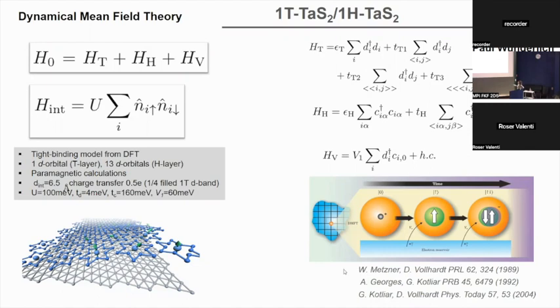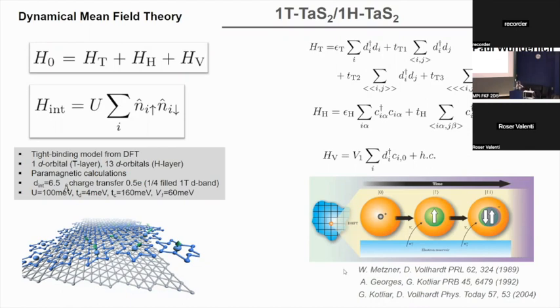It includes, on the one hand, the Hamiltonian of the T electrons, so the kinetic energy plus, of course, a strong Coulomb repulsion, and then the Hamiltonian of the H electrons, which contains the kinetic term. These are conduction electrons, so the only contribution that we consider from them is kinetic energy and the hybridization with the T electrons.